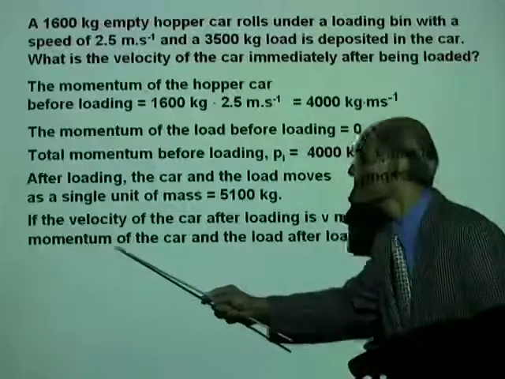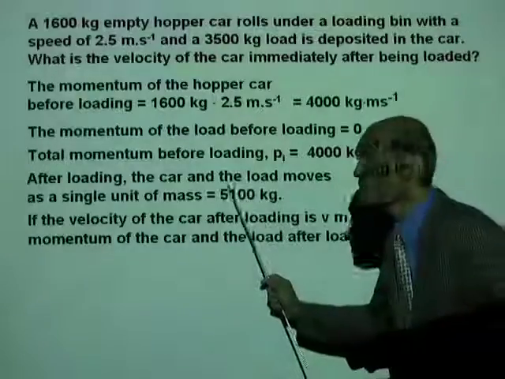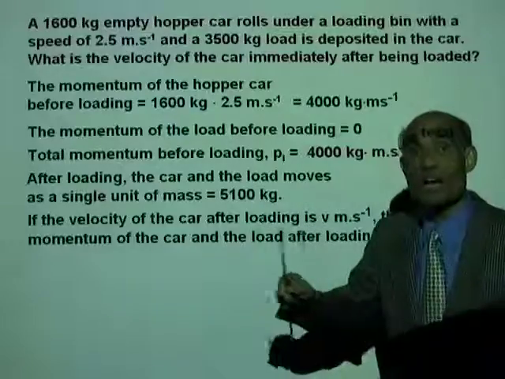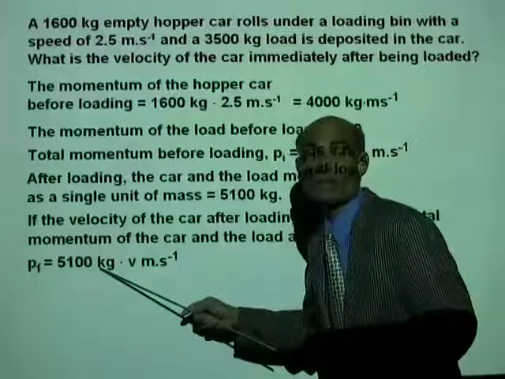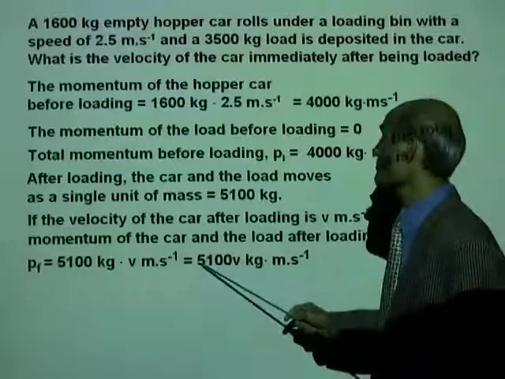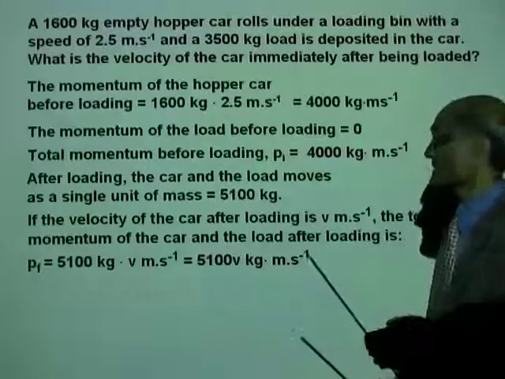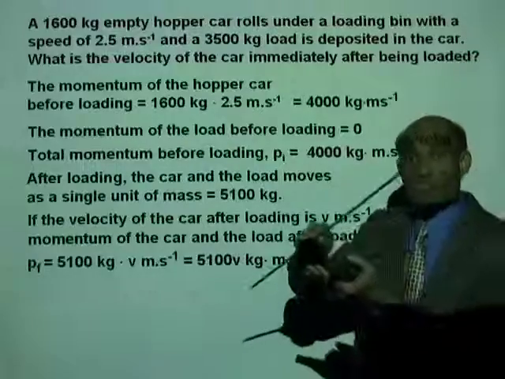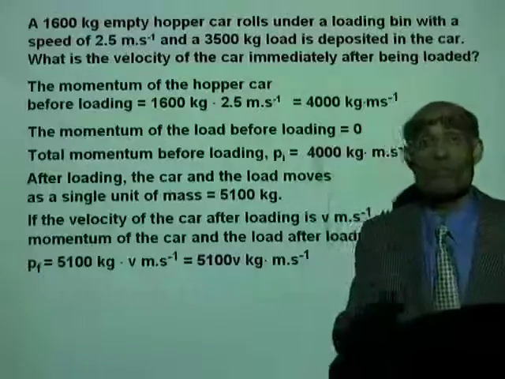Therefore, what is the momentum of the car and the load after loading? It will be the total mass multiplied by that common velocity after loaded. So PF is 5100 kilogram times v meter per second. That is 5100 v kilogram meter per second. Now, this total momentum of the combined system must be equal to the total momentum of the system before loading.